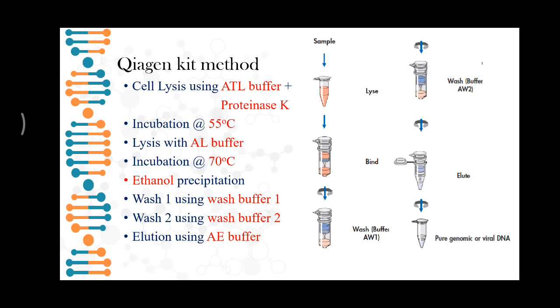The DNA is bound to the silica membrane of the spin column in the presence of a high concentration of salts, and the contaminants are washed out, and the DNA is eluted from the silica membrane in water or low salt buffer.